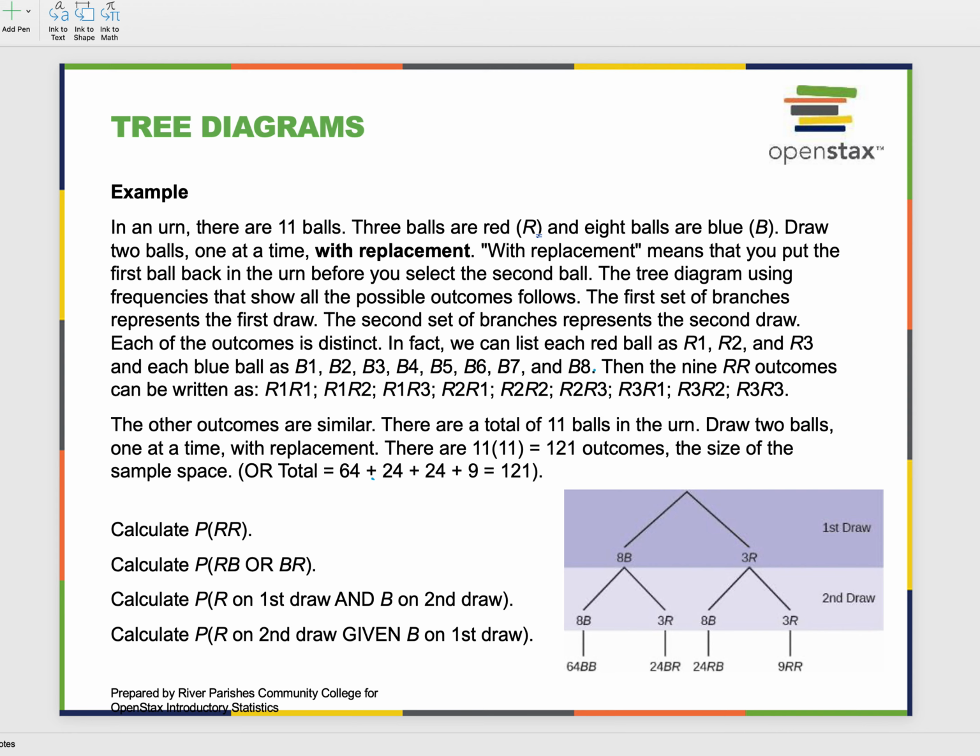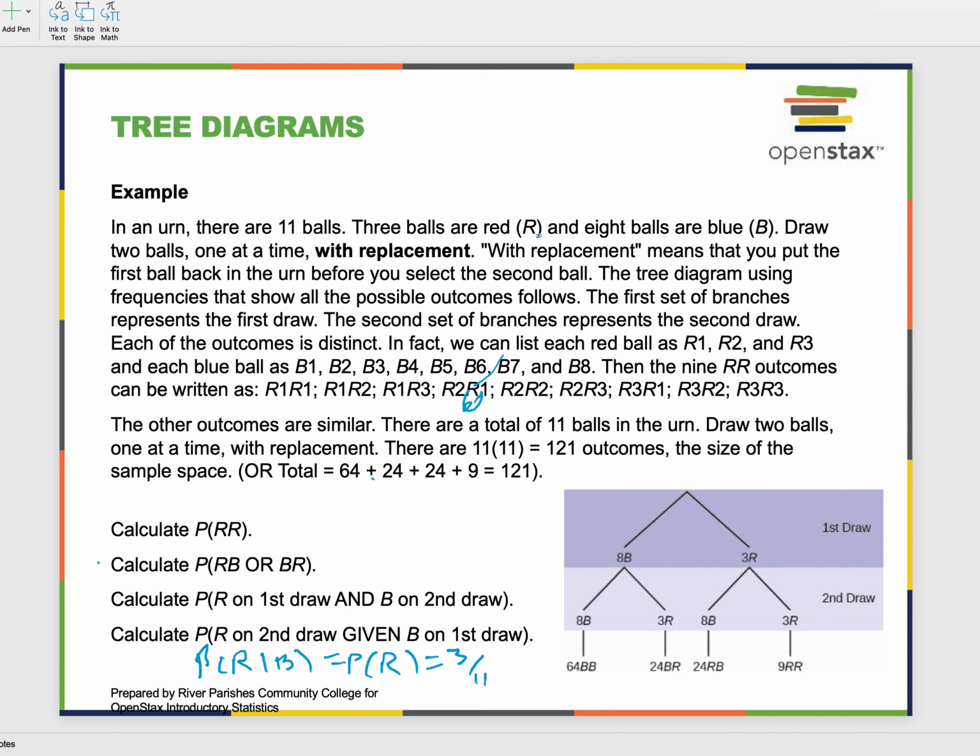Where is my little cursor here? There we go, here. This is probability of red given blue. That's the probability of red, which is 3/11. You can calculate the decimal places.